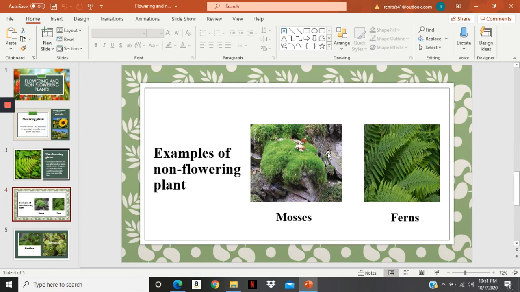They can also be found on roofs or at the base of tree trunks in the forest. And mosses produce microscopic spores, and spores are small cells in living things.